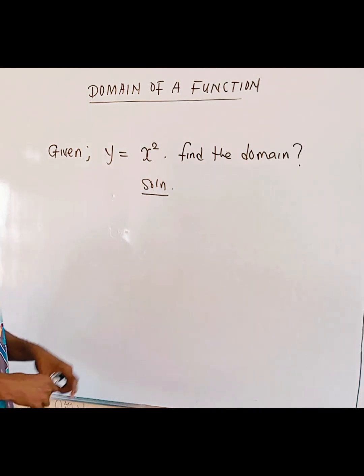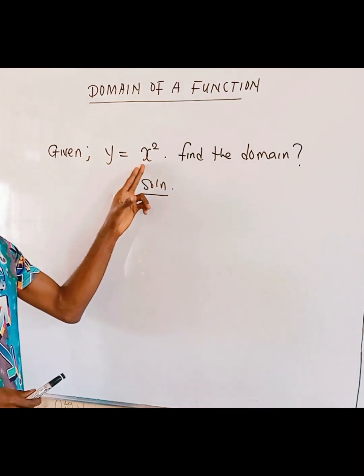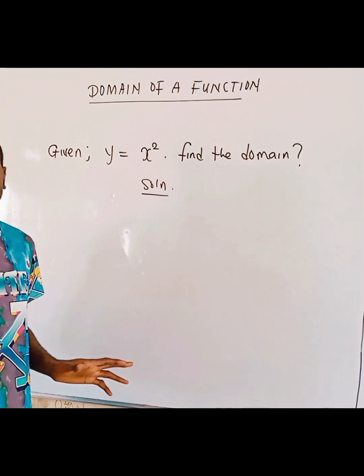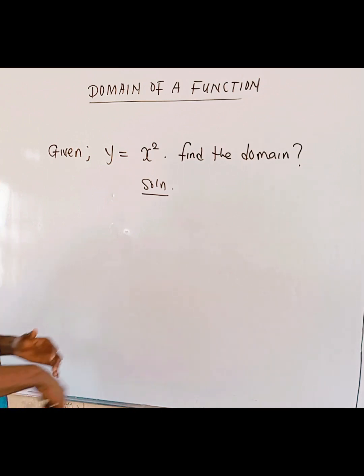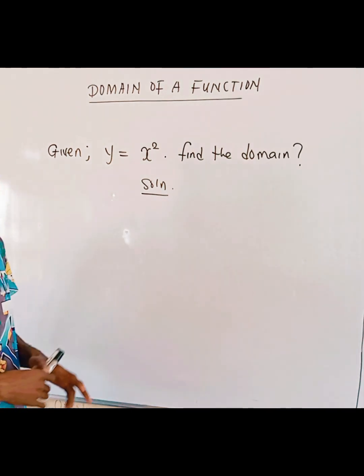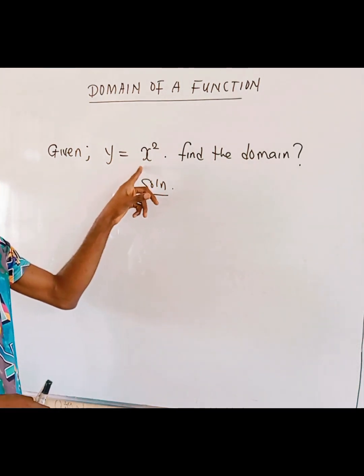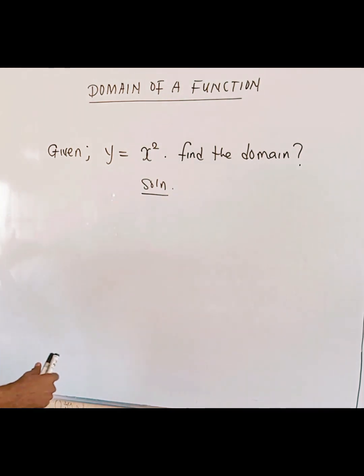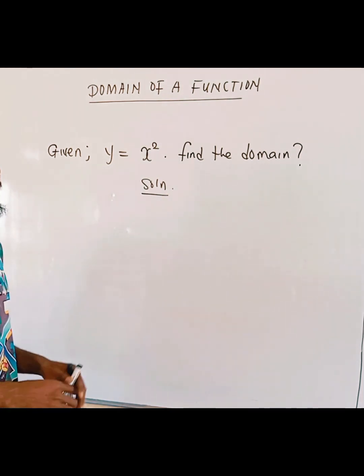Of course, 0 can define the function because when x is 0, x squared means 0 squared, which is 0. And all positive real numbers, 1, 2, 3, 4, 5, will define the function. When you start plugging in negative numbers to replace the value of x, minus 1, minus 2, minus 3, till negative infinity, will define the function.